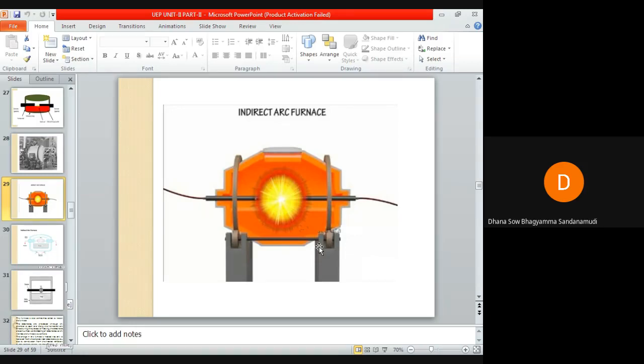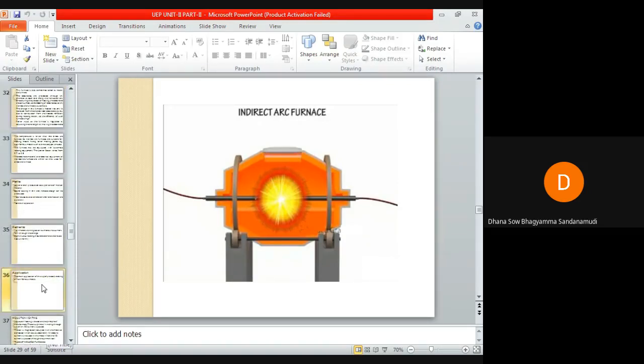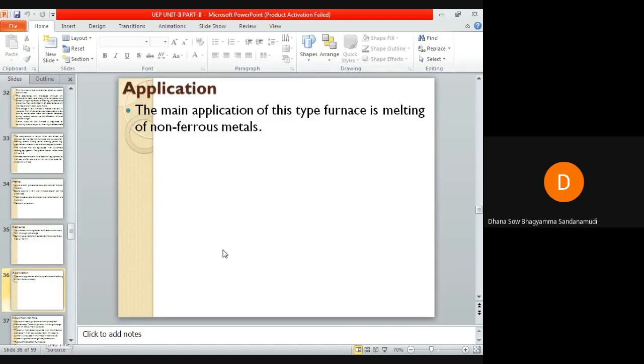The disadvantages are that there is no inherent stirring action, so there is no current flow through the charge, and continuous rocking should be done to distribute the heat uniformly. The application is heating non-ferrous materials. That's the only application.